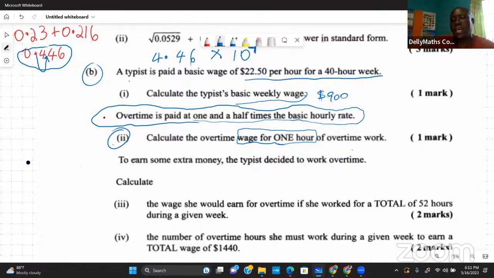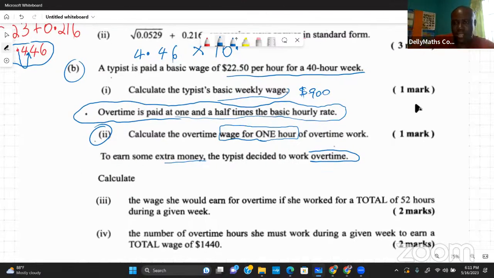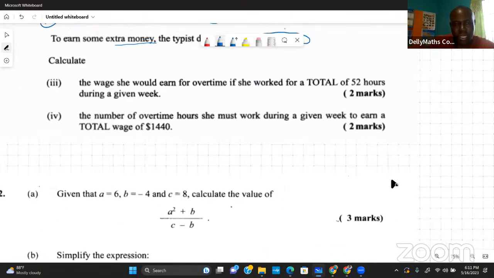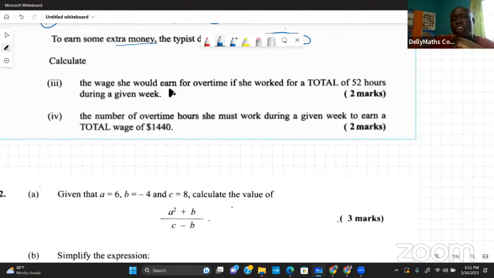Now, moving on, it says to earn extra money, the typist decides to work overtime. So now you're seeing the typist is going to work some overtime. Here is the question. The question says, calculate the wage she would earn for overtime if she worked for a total of 52 hours.